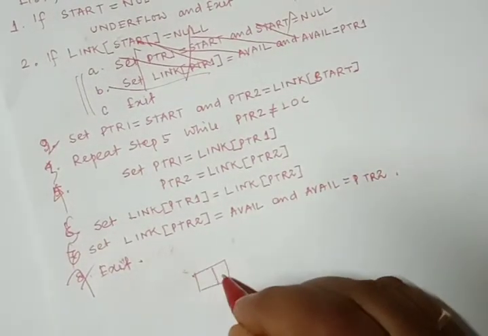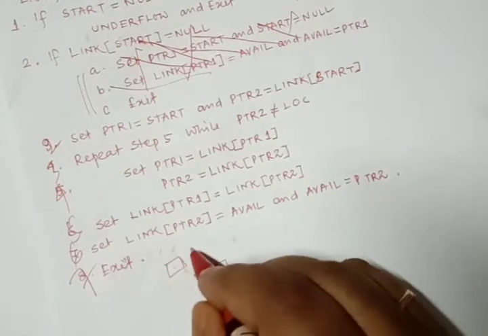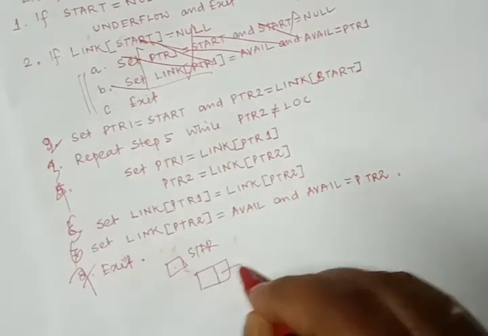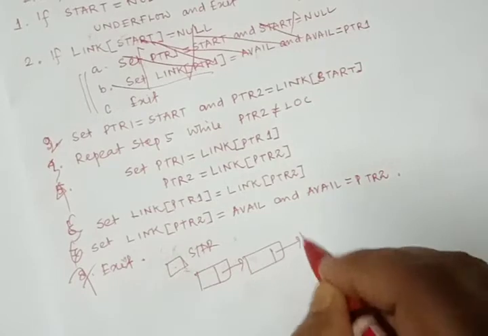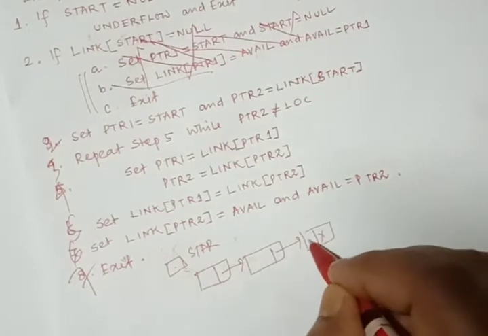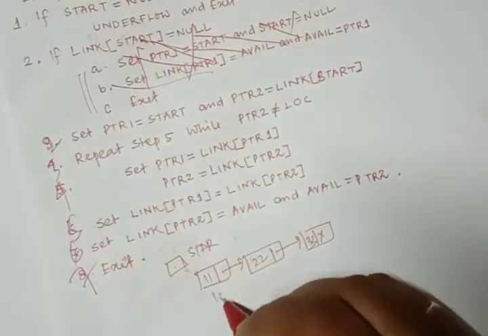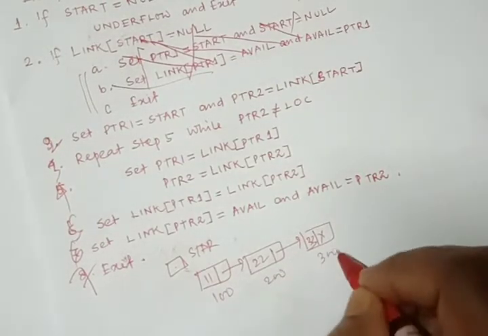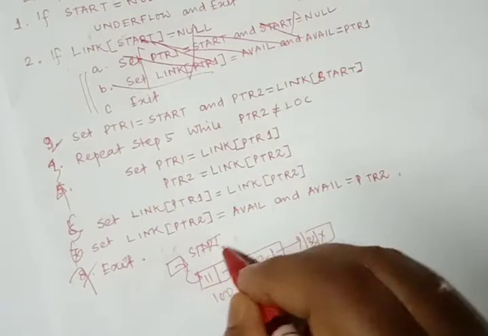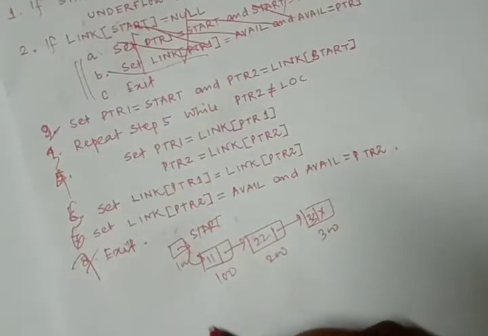Suppose this is the used list in the memory, this is start. Suppose there are three nodes in the memory. These are the addresses of the nodes. The value of start is 100.